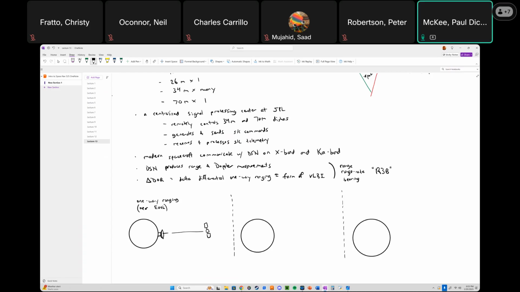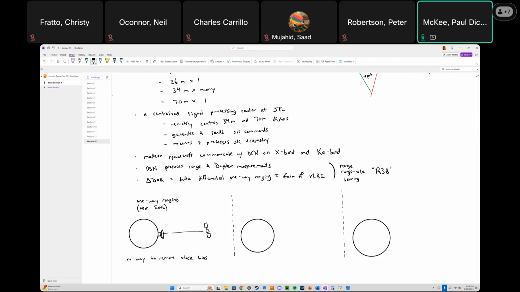But generally you're just blasting out a signal, it goes to the DSN, and you get this one-way ranging. With this, there is no way to remove clock bias. Not only do your clock and my clock disagree because of light time of flight, but your clock will also slowly be wrong over time. So you've got this clock bias.